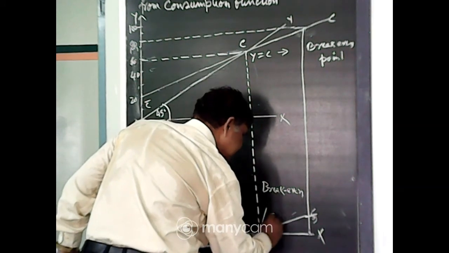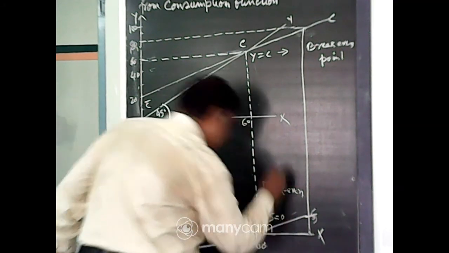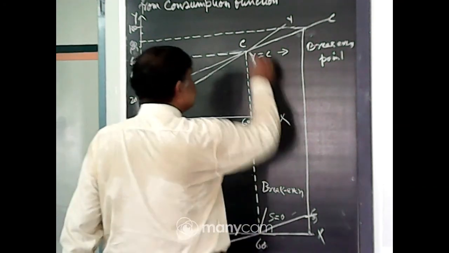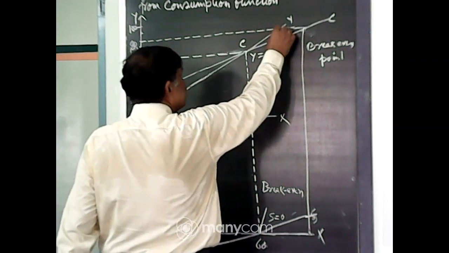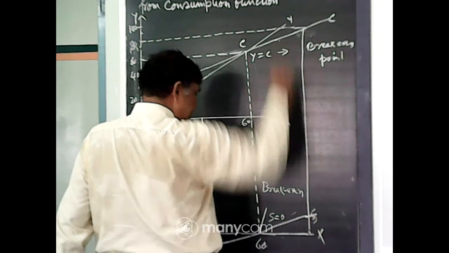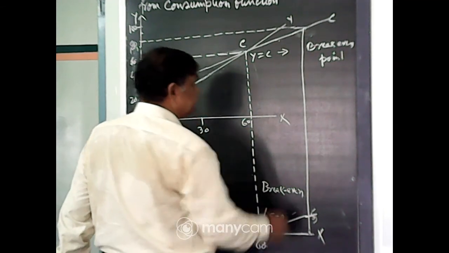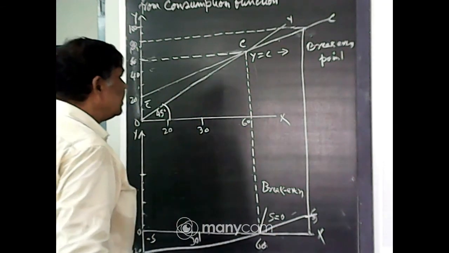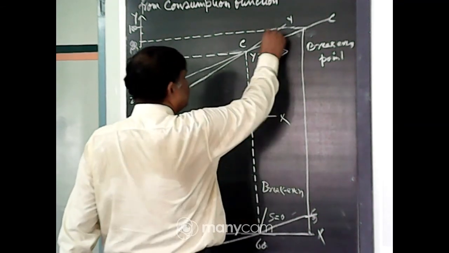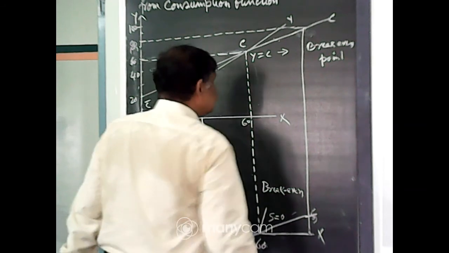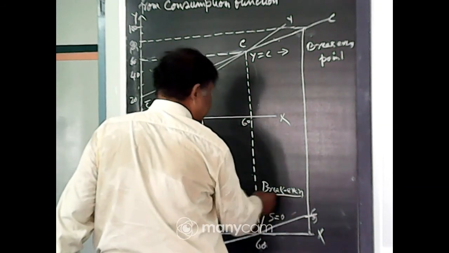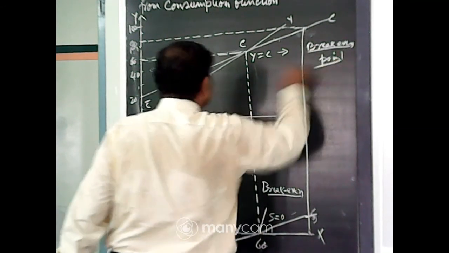And after this point, as income increases and consumption is less than income, your saving becomes positive. Therefore, this difference is equal to this difference, and this point is also called break-even point.